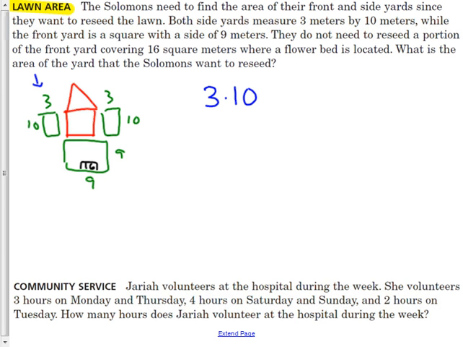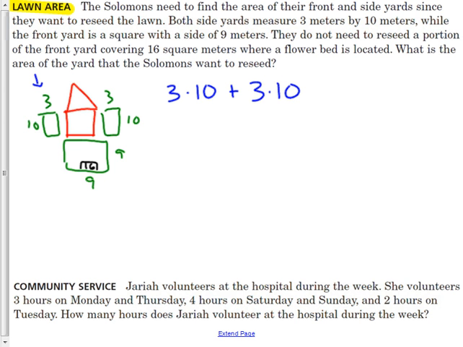We're going to add to that the area of the right side. And the area of the right side is also 3 times 10. I'm just going to slide this over a little bit because I'm going to run out of room otherwise. So it's still my 3 times 10 plus 3 times 10.